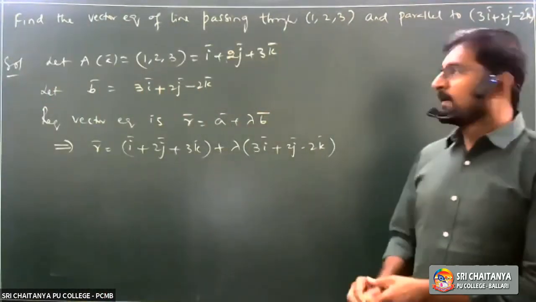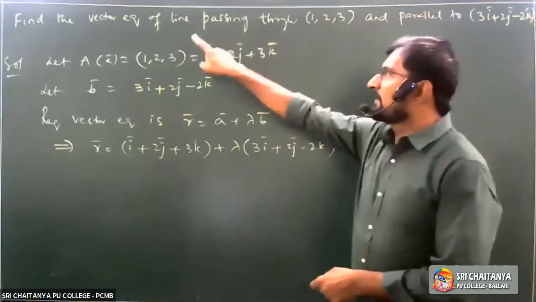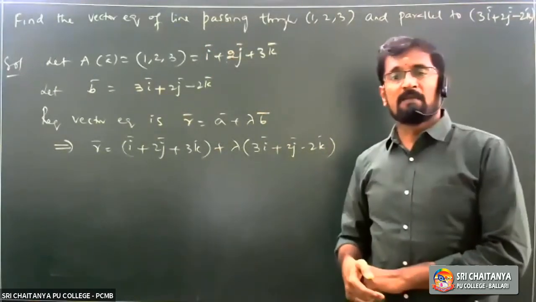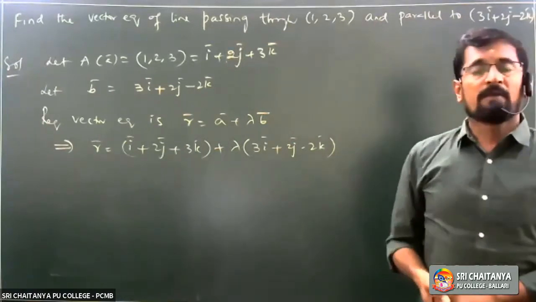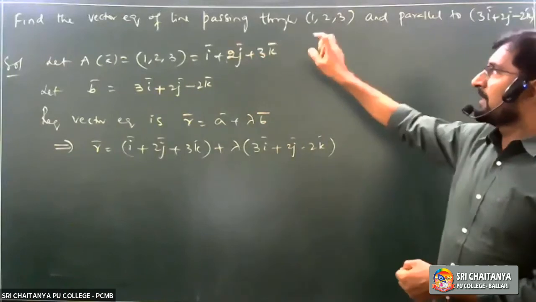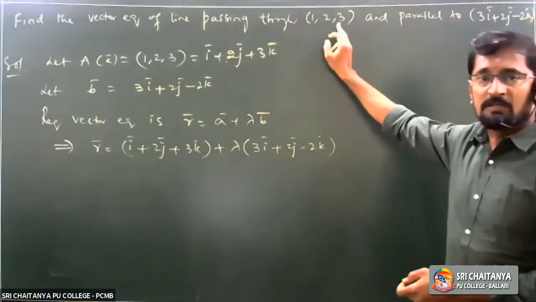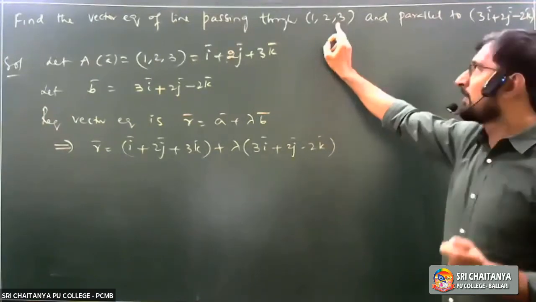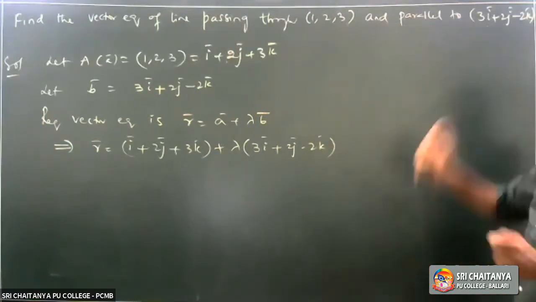I am going to repeat this once again. Observe this one. For the vector equation of line, you should remember the statement which has been given to you in the theorem, right? Find the vector equation of line passing through one point. This is called capital A, which is one point given to you, and parallel to one vector.